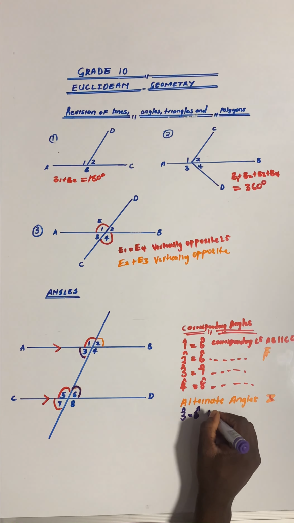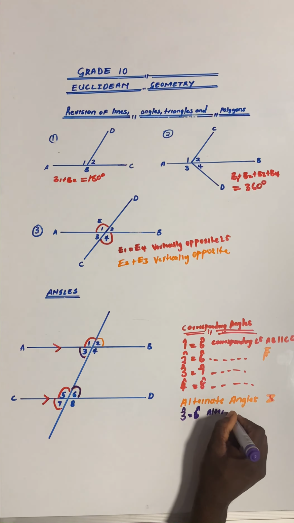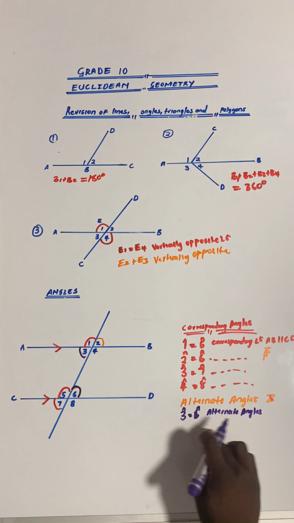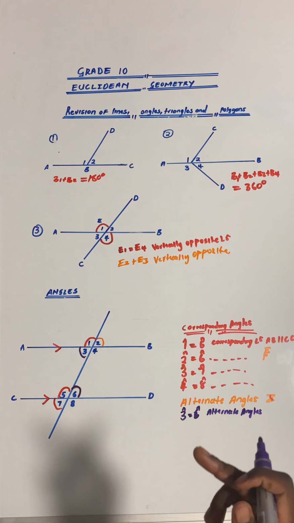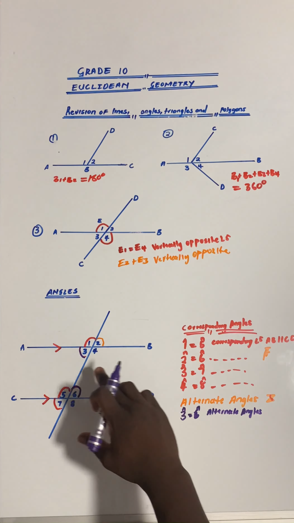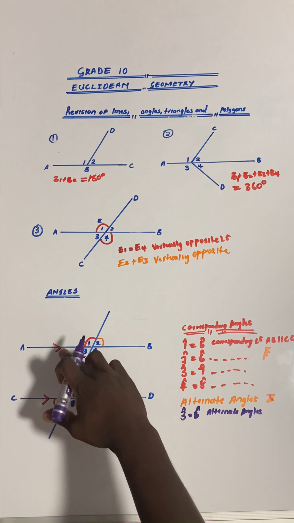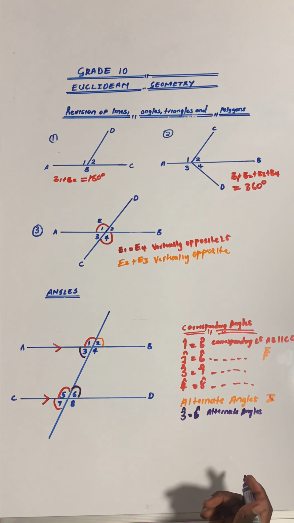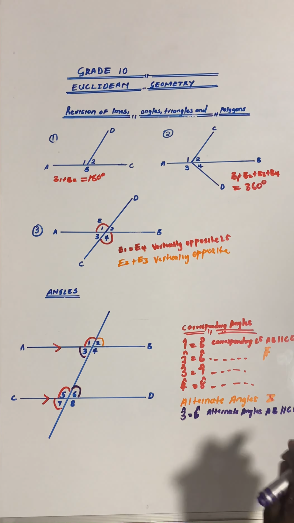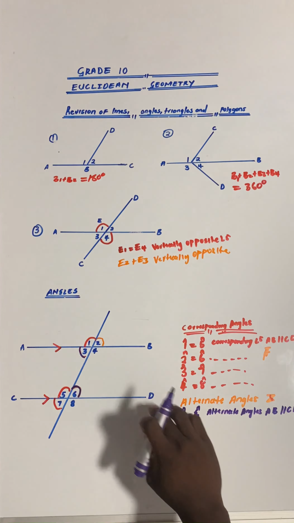Why? These are alternate angles. Are you done there? No. Remember, we said before we can have alternate angles, we need to have parallel lines. Parallel lines are a requirement for this type of angles. So we must go on to say, because AB is parallel to CD. The minute you take this out, this is incorrect.